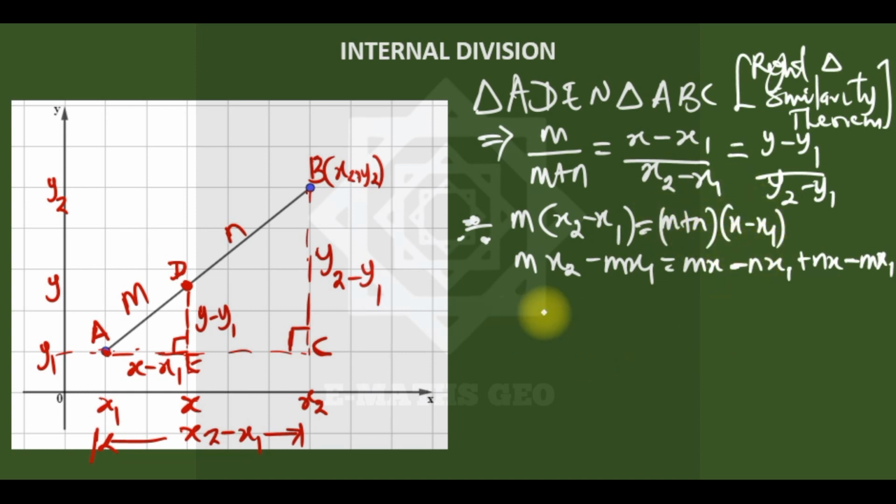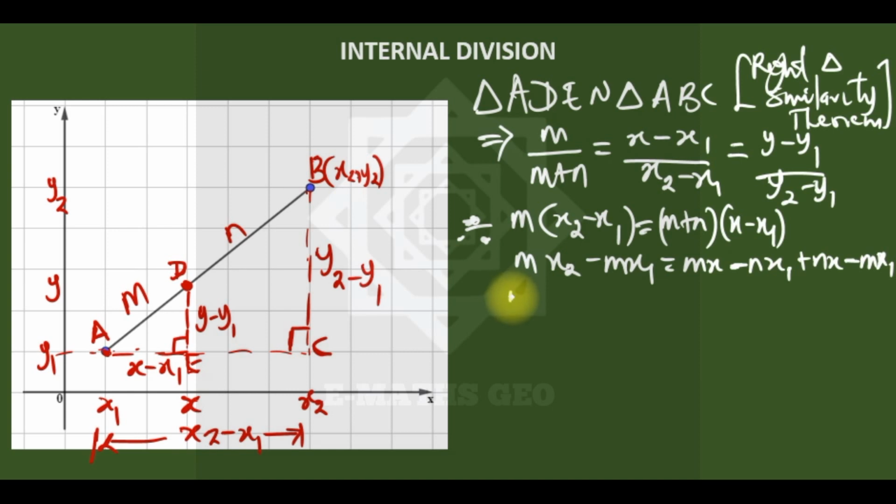Remember we have to get x and y, because that's the coordinate. So we'll make x the subject of the formula. As you can see, I have minus mx1 and minus mx1, so they are gone. I have minus nx1, so it goes over to that side.